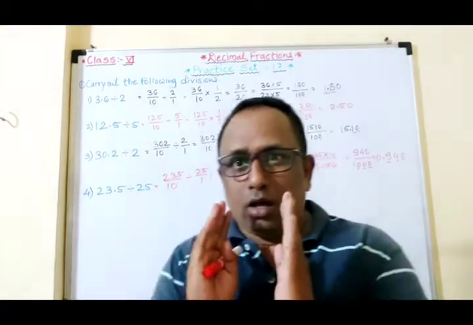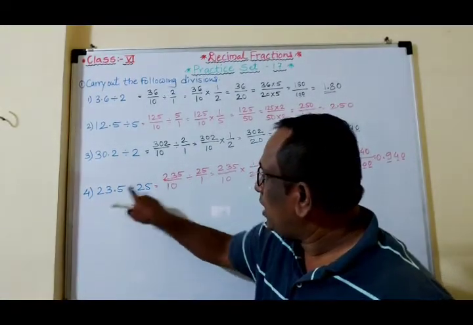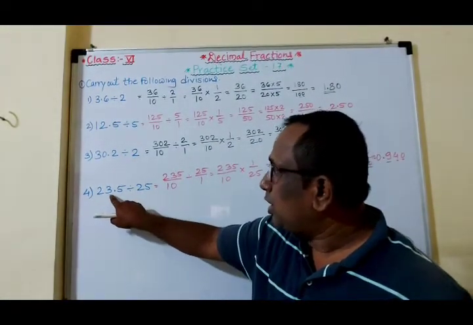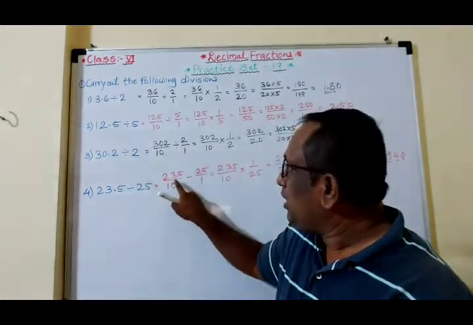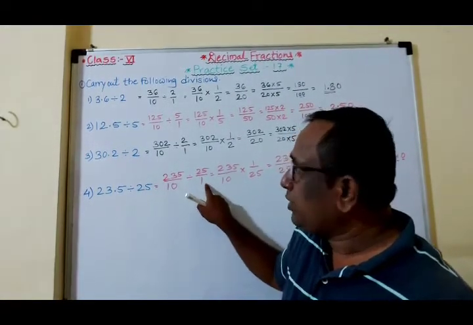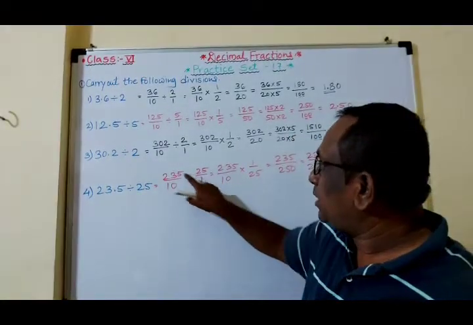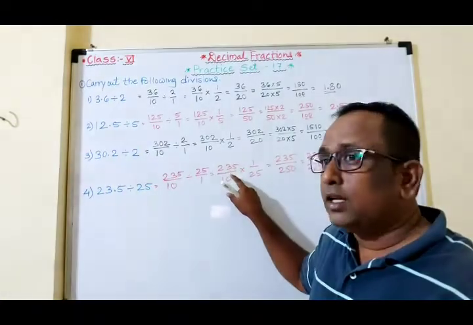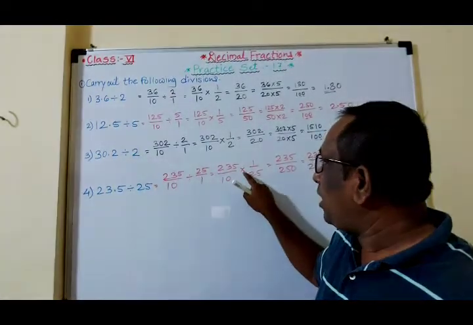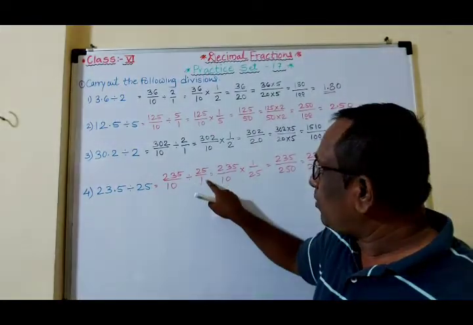Okay, I told you again, students. First, what you have to do, write this decimal fraction as a fraction, then write this whole number in decimal form, always giving the denominator 1. Okay, then in the second step write the first fraction as it is, then here we have to write the multiplicative inverse or reciprocal of 25 upon 1, this fraction.